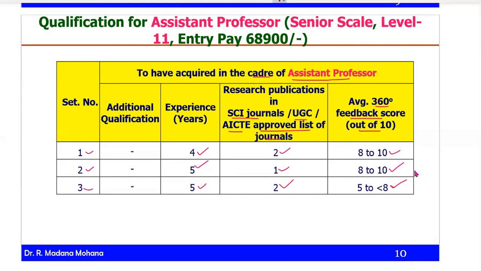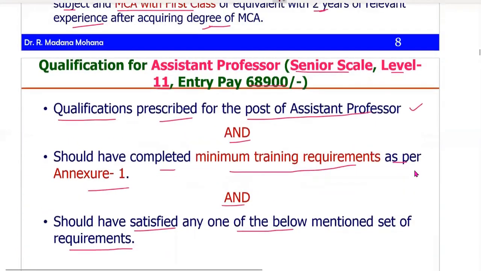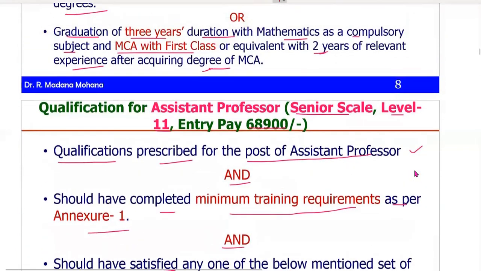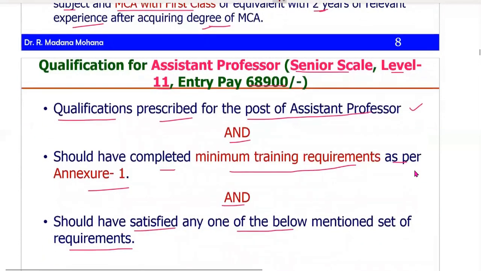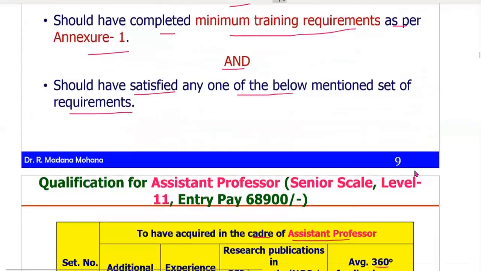So 1 publication, feedback minimum 8 to 10, then 2 publications, feedback 5 to less than 8, that is 5 to 7. So any one condition needs to be satisfied, then minimum training requirements needs to be satisfied, then assistant professor entry level qualifications needs to be satisfied for assistant professor senior scale level.